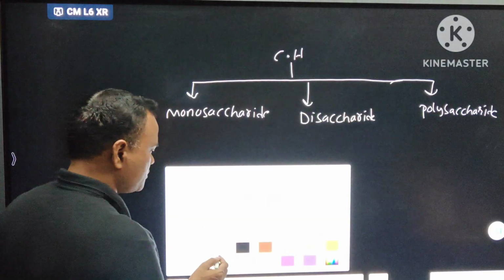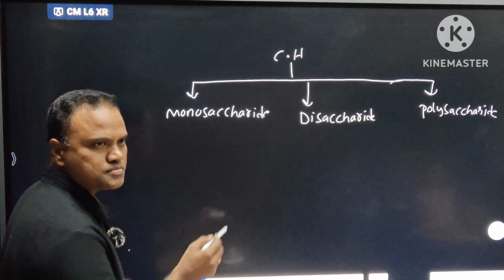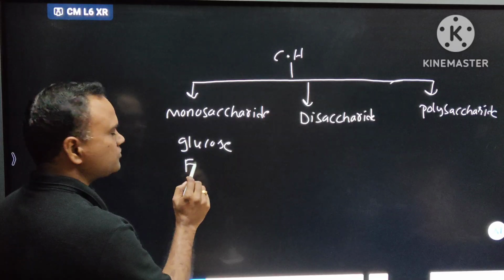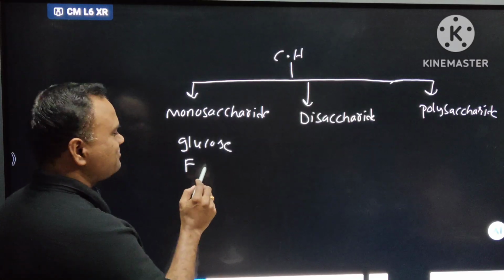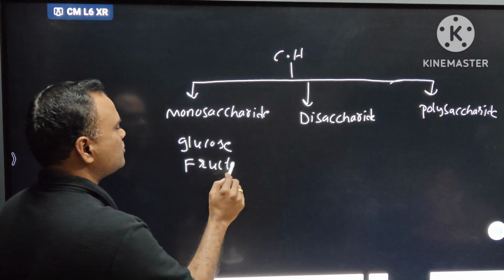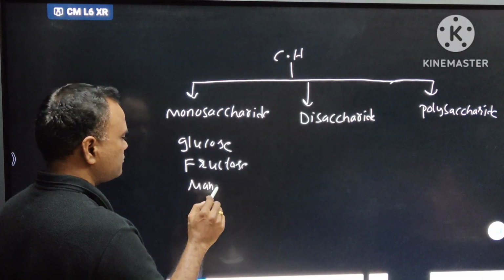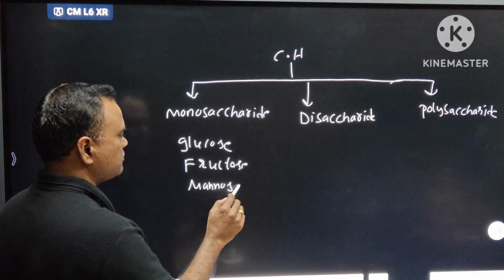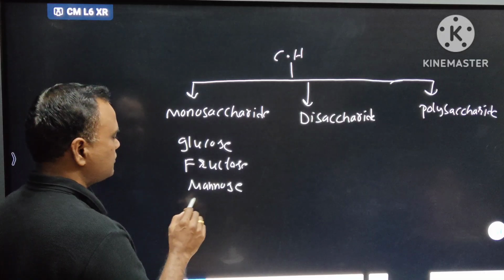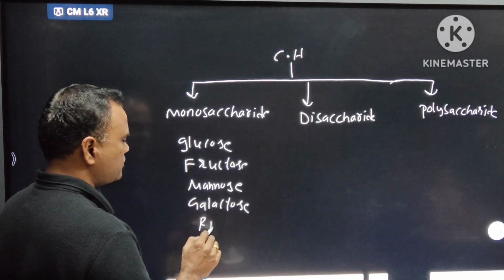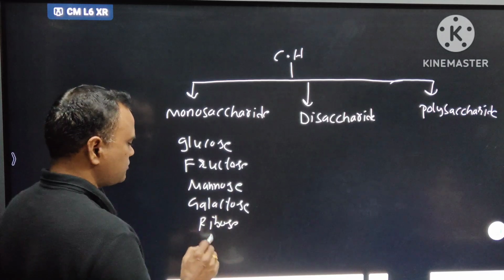Examples of monosaccharides: glucose, fructose, mannose, galactose, ribose, arabinose, so many.